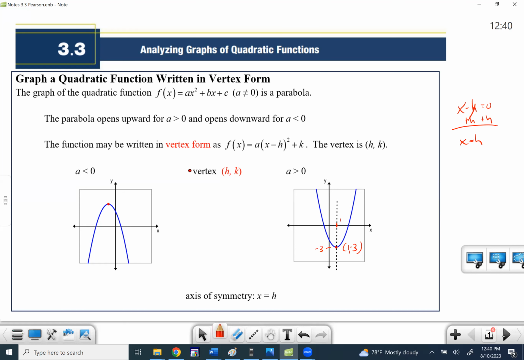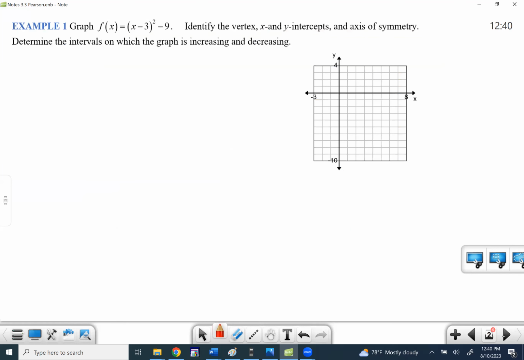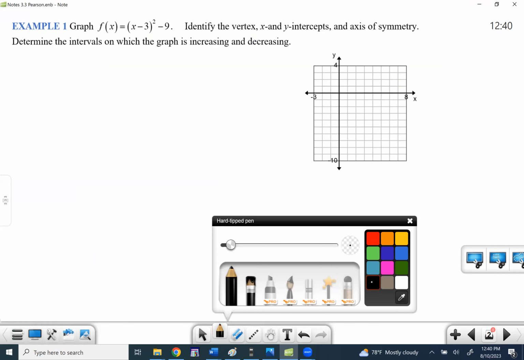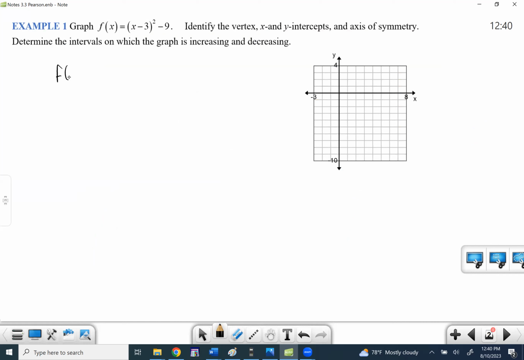All right, so here we go. This one is already given to us in vertex form. We can quickly see what the a, the h, and the k are going to be. I'm just going to write down the vertex form right above it, just so we get kind of used to memorizing this.